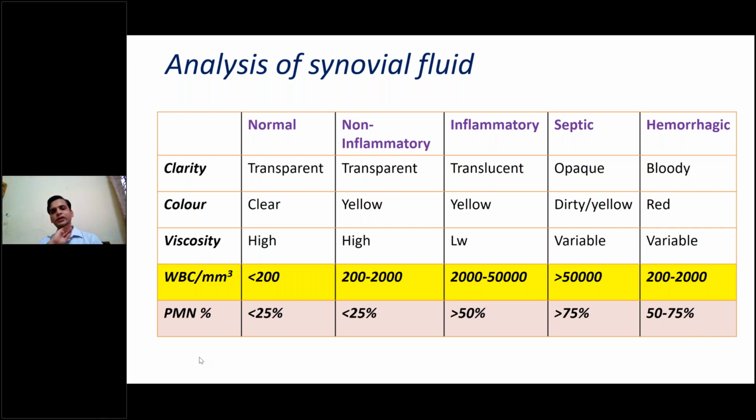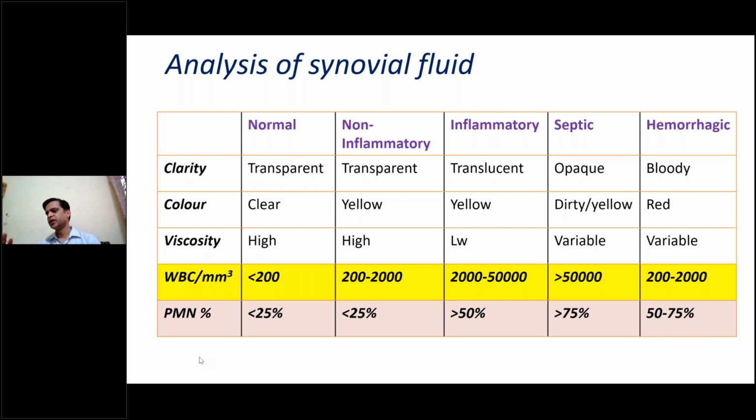So in the classical non-inflammatory conditions, for example osteoarthritis, mechanical problems of the joint, the synovial fluid is usually within the normal range, or there may be a slight WBC count increase, meaning 200 to 2000.